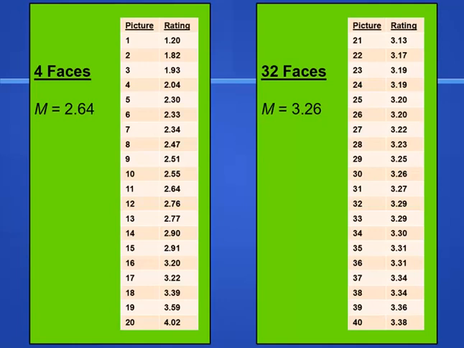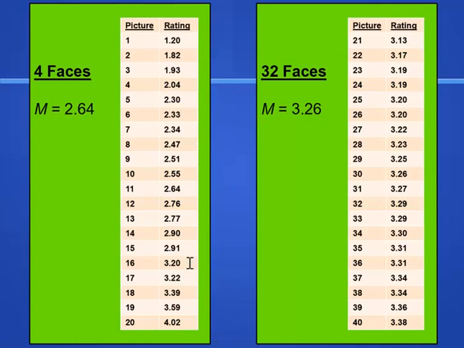But in addition to central tendency, in addition to these means, you can see in these tables the 2 sets of scores also differ in another way, right? And that is, if you look across the data for 4 faces, look across the data for 32 faces, they differ in terms of their variability.